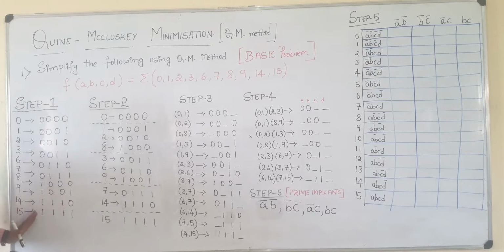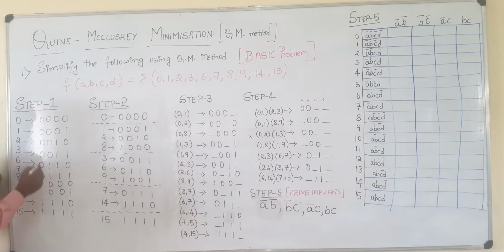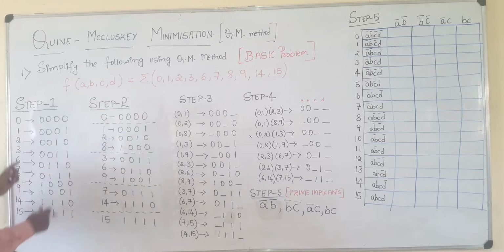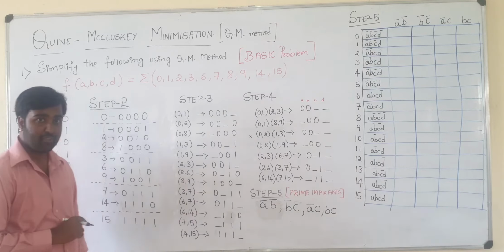After writing the numbers, you will write the binary values of each number. So 0 is represented as 0000, 3 is represented as 0011, 9 is represented as 1001, 15 is represented as 1111. This is the basic first step.